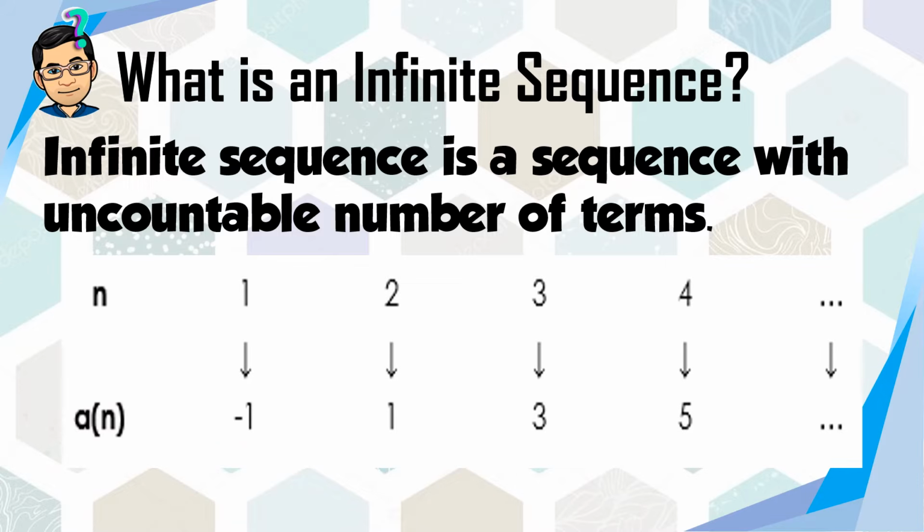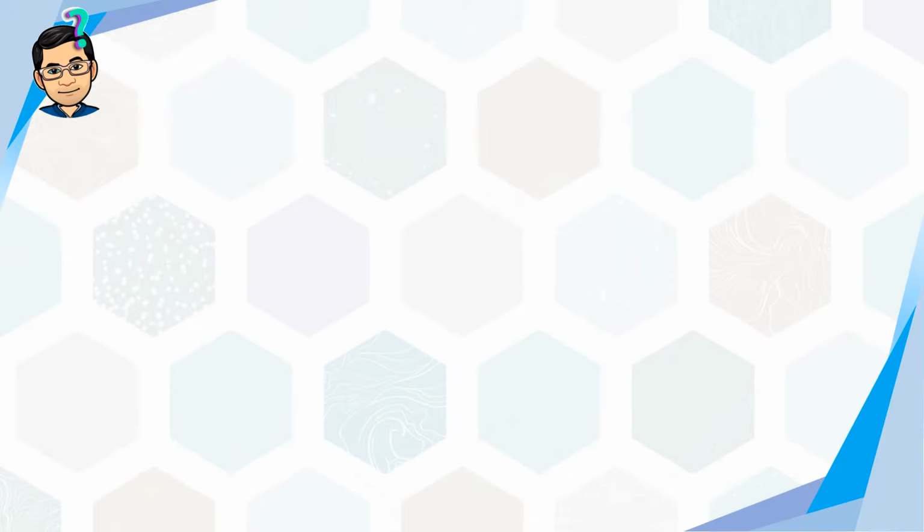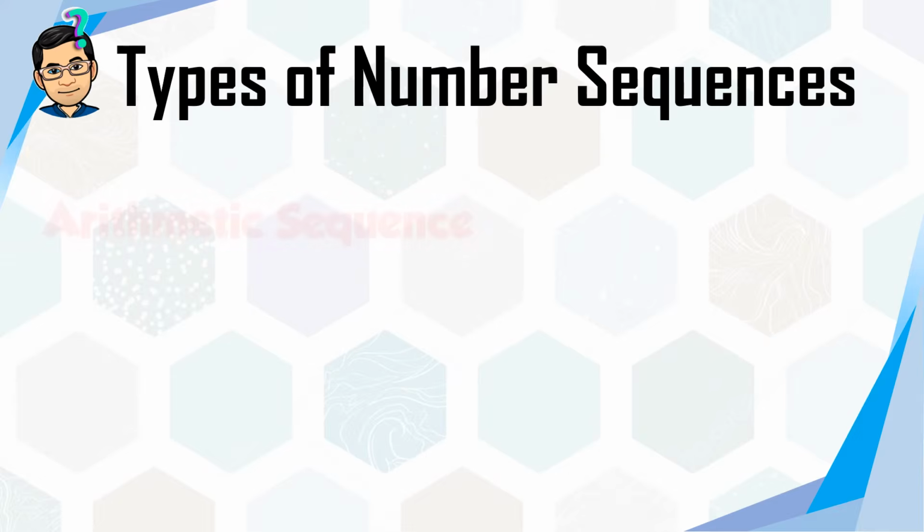What if kasi, your teacher asks you to write 1 to 100. Anong shortcut doon? 1, 2, 3, comma, ellipsis, comma, 100. Okay. Para hindi na lang matagal ang pagsulat. Next. So there are types of number sequences.